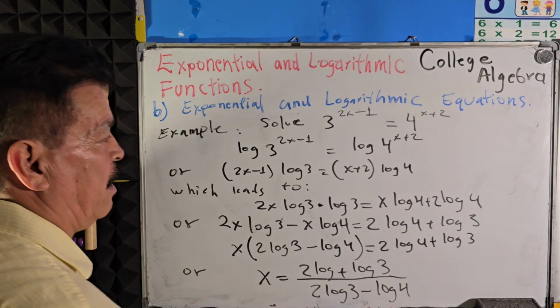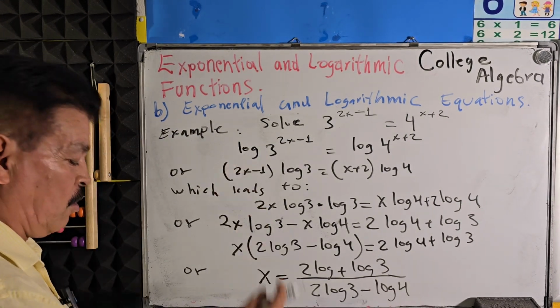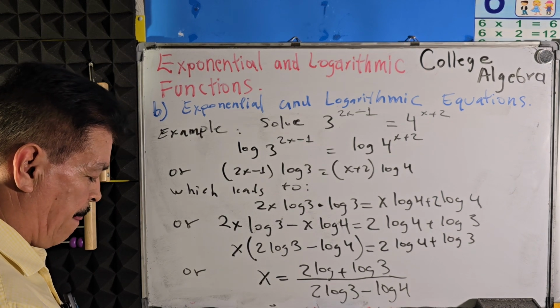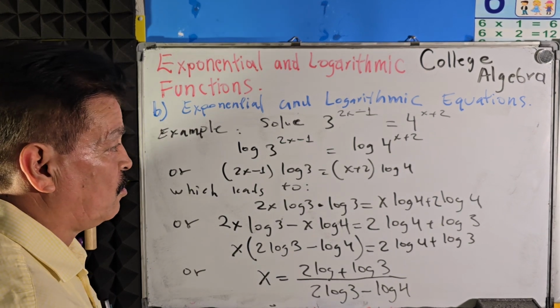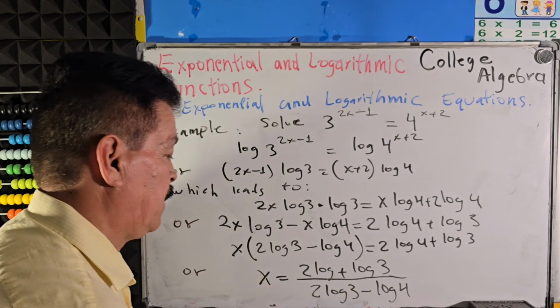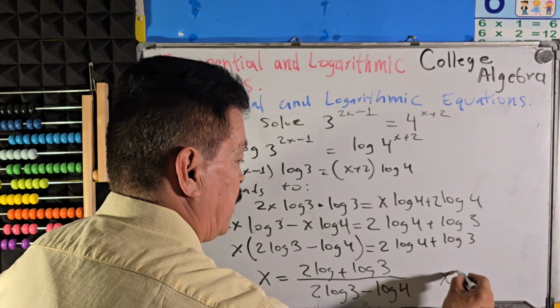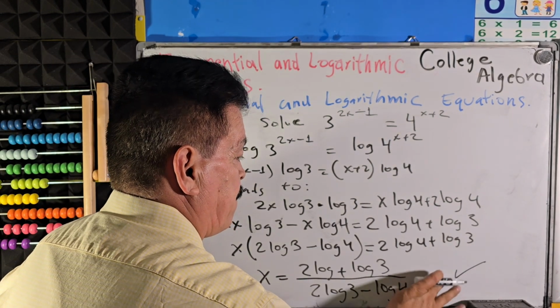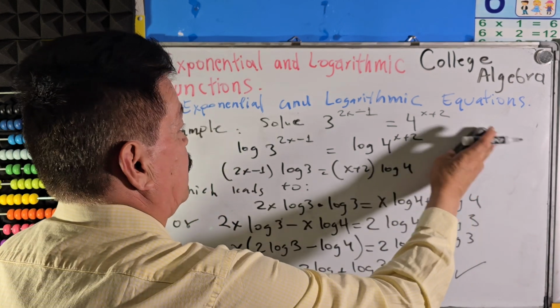So we are here right now. I will erase the top to continue to find the answer. Almost done, not finished, but we are right here. So I will erase the top.